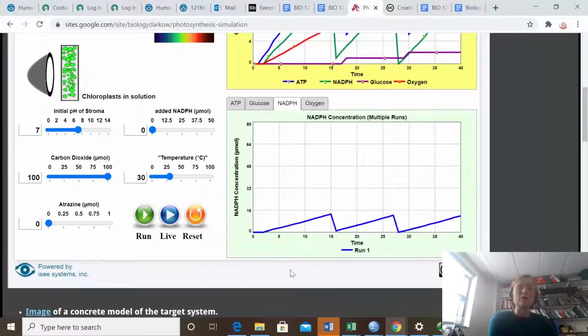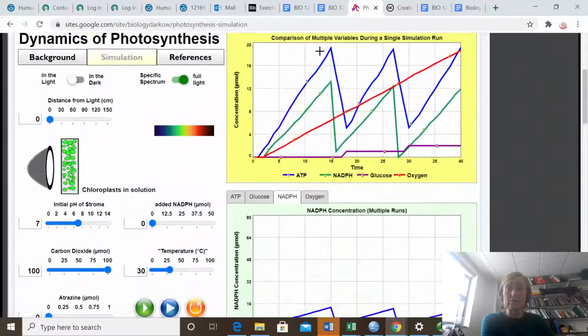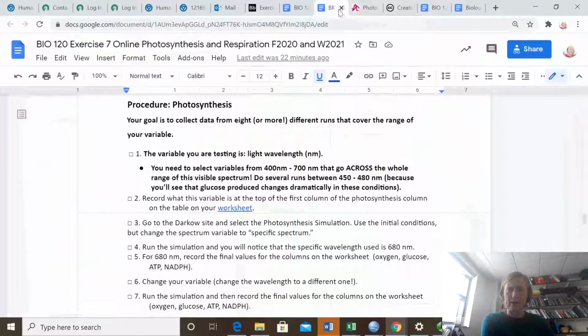Okay. What you're going to do in your worksheet is manipulate one variable: the wavelength of light under which this experiment is taking place. I'm going to click on our exercise here under photosynthesis. I just want to point this out.